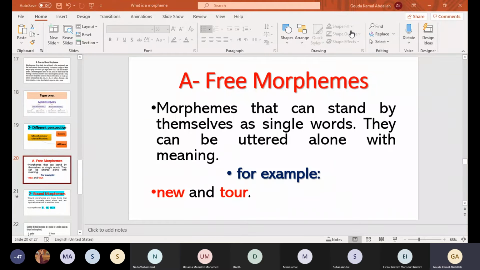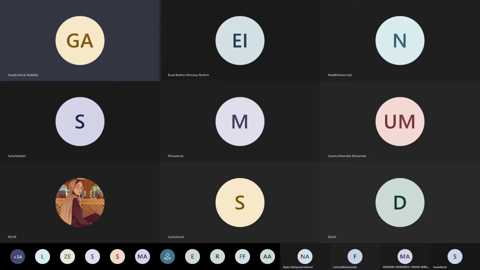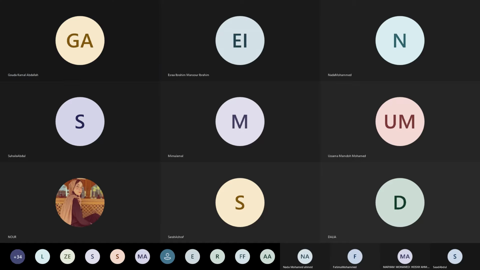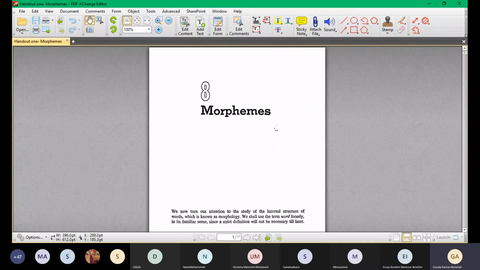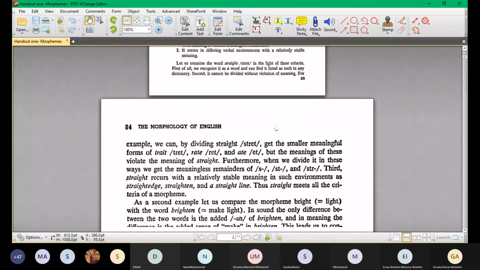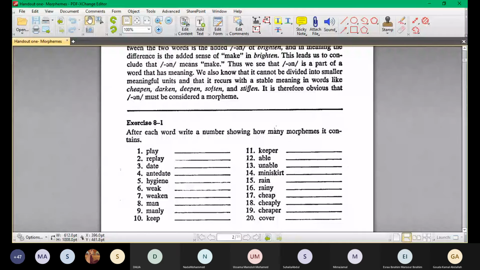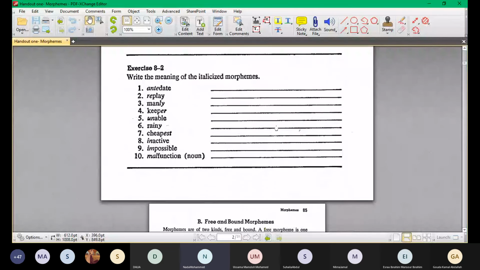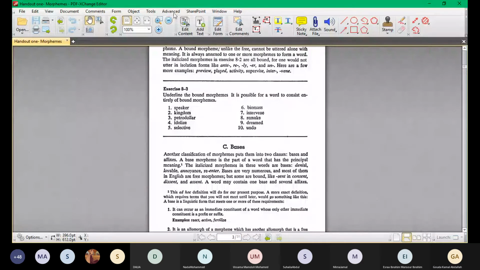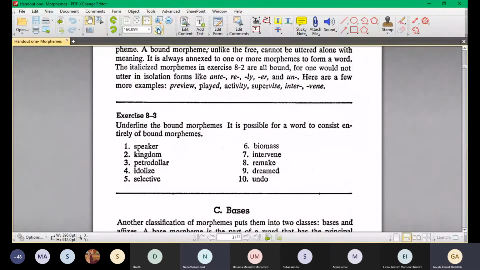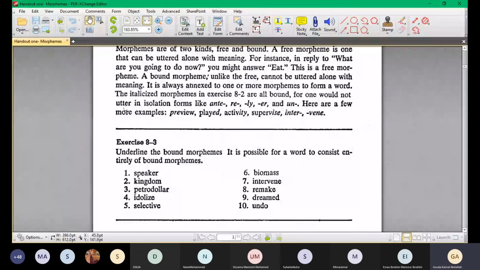Okay, we can go to the handouts. But before going to our handouts, let's try to make out exercise 8.3 together.